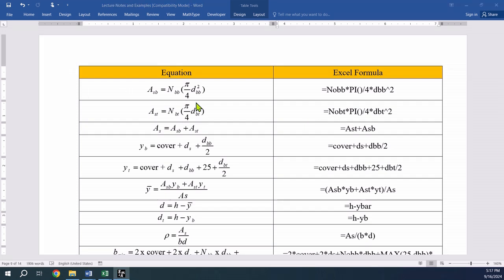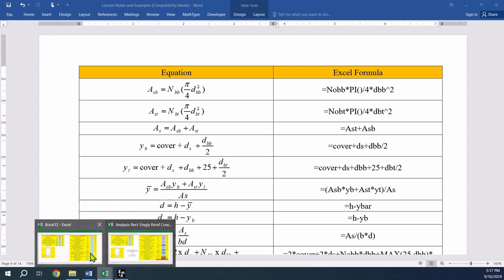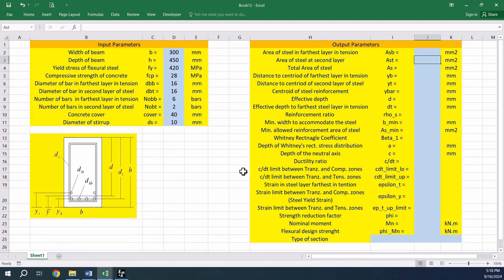For the third output parameter, which is the total area of steel reinforcement, please note that we will be using two of the output parameters just calculated in order to obtain the total area of steel. Now, please pay attention to the difference between the first two equations and the third one. When we calculated the area of steel in the layer farthest from the neutral axis, we only depended on two input parameters, which are dBb and NOBB.